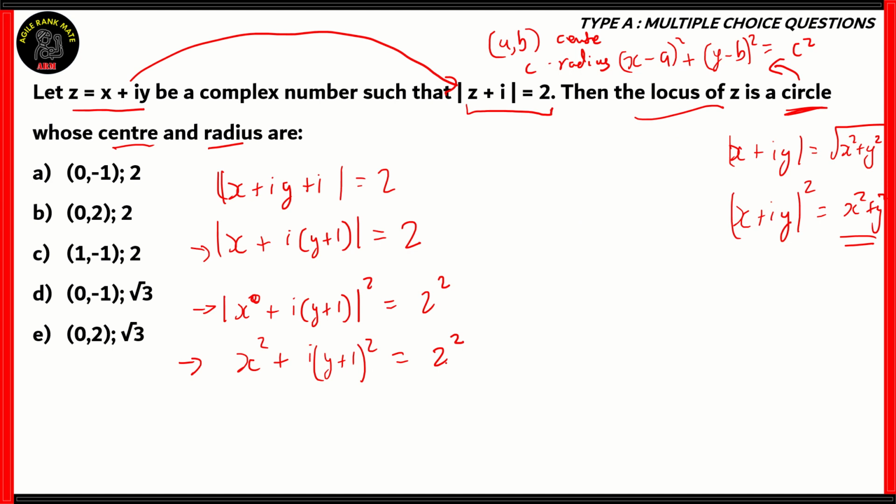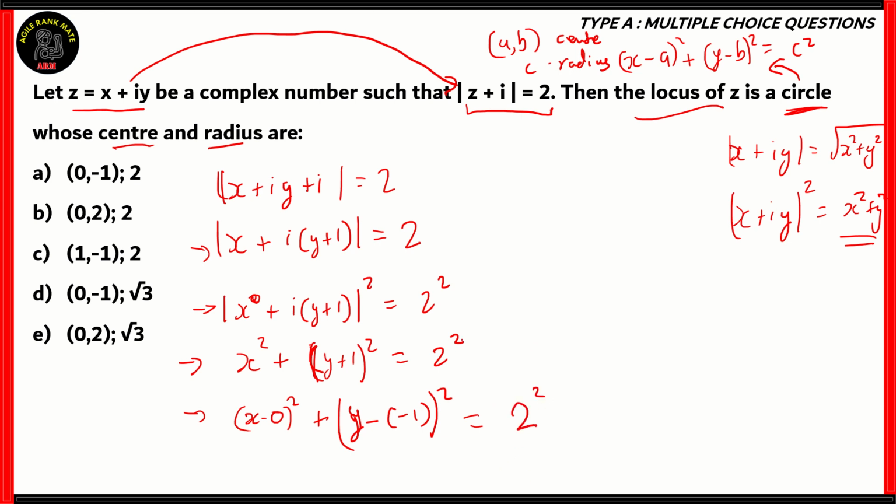So we will have to turn this particular equation into an equation for a circle. So x squared is the same thing as x minus 0 the whole squared. And y plus 1 the whole squared is the same thing as y minus minus 1 the whole squared. And the value of c is 2.